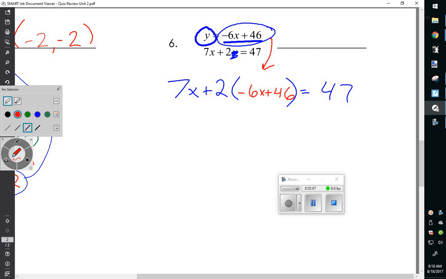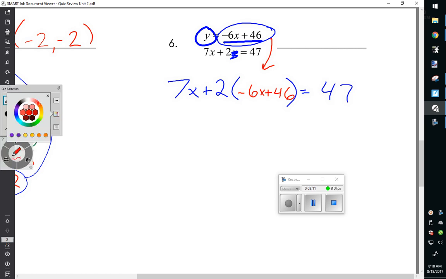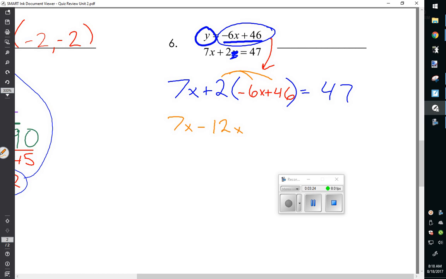At this point, it's just an equation that we need to solve. So we are going to do the same steps we always do. We're going to distribute. 7x minus 12x, and then 2 times 46 would get me 92 equals 47.